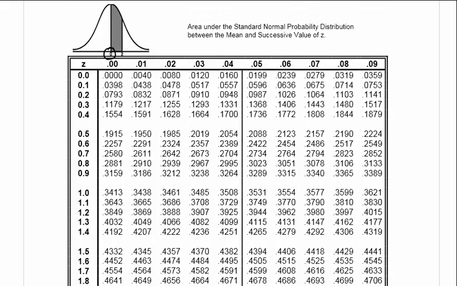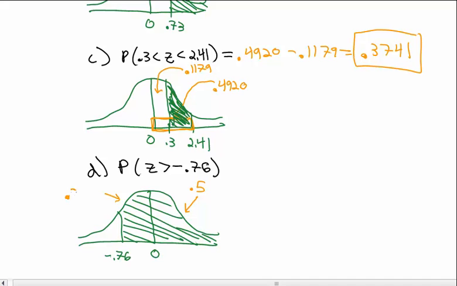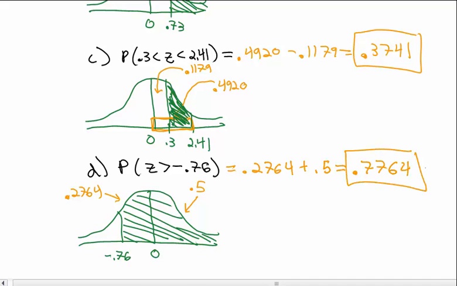Positive 0.76, so the area there is 0.2764. And this time we want both areas, so we'll add them together. 0.2764 plus 0.5 is 0.7764.